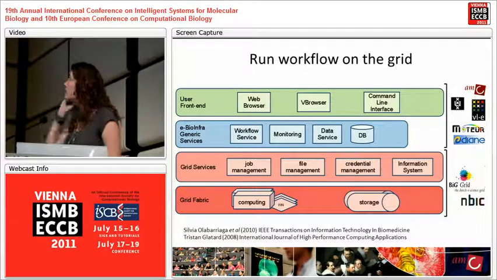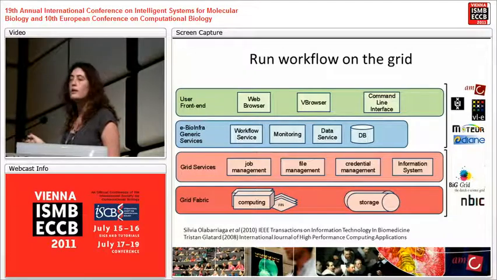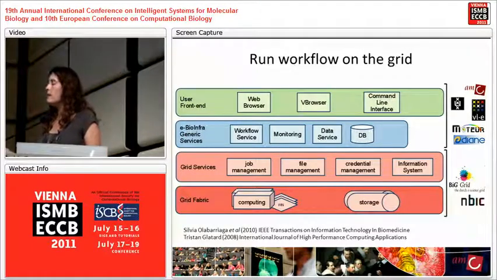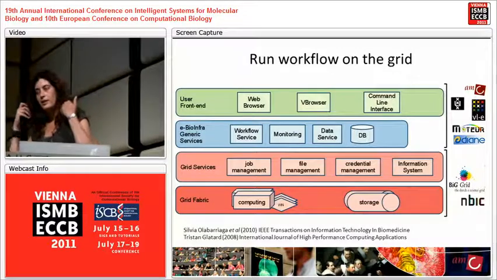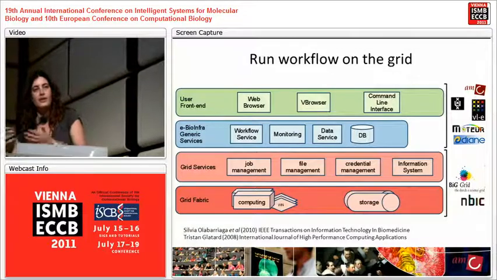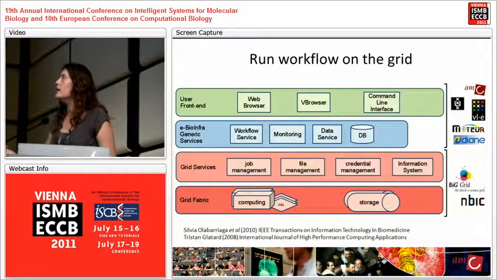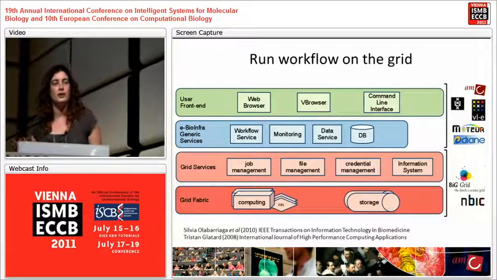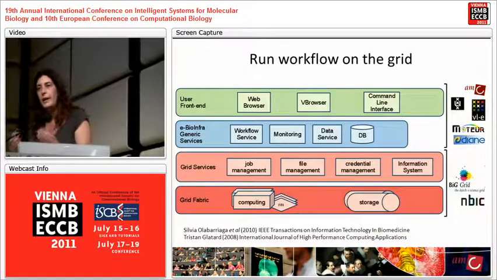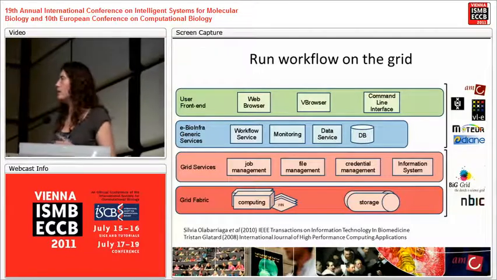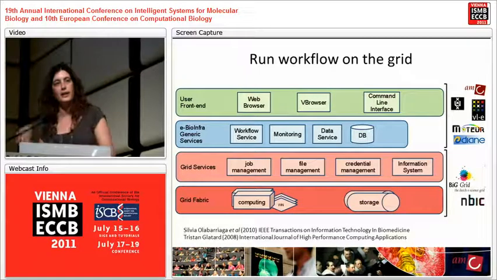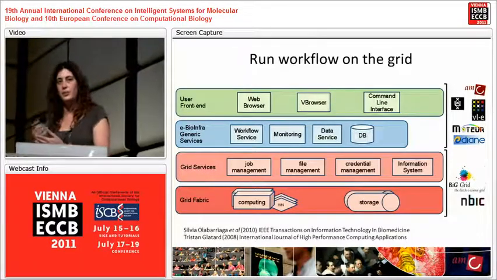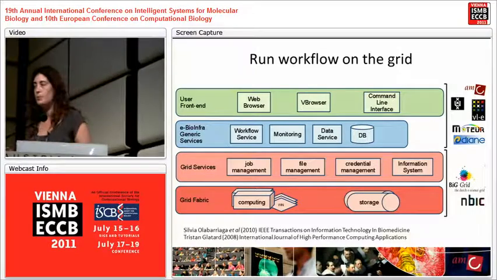It's called Moteur, and it's using Diam as a pilot framework. When you give your input sequences and reference databases or other inputs, this workflow service will sort out what combinations need to be made to run in parallel on the grid. So it will automatically generate the job descriptions, so to say, and submit those jobs.